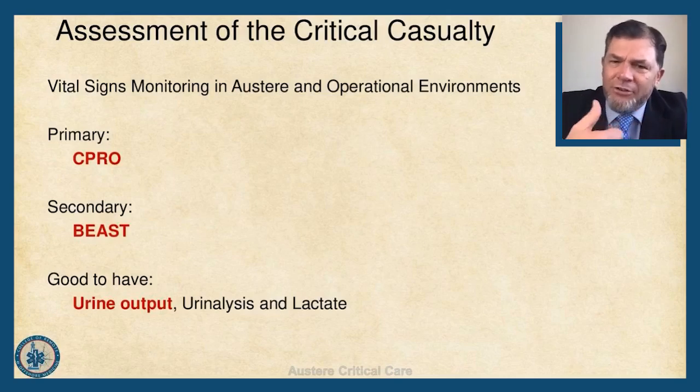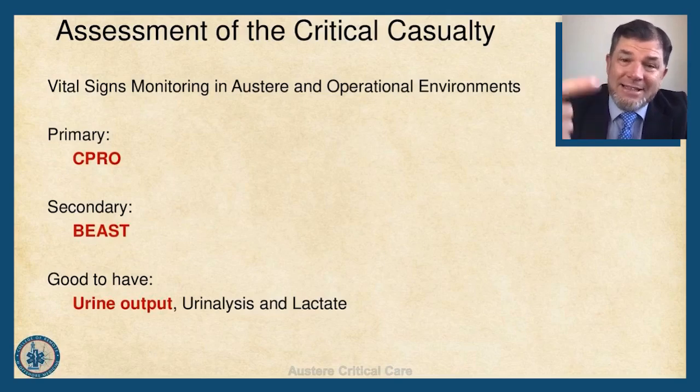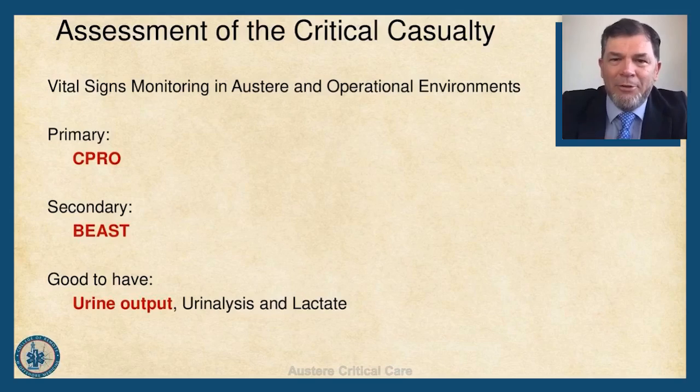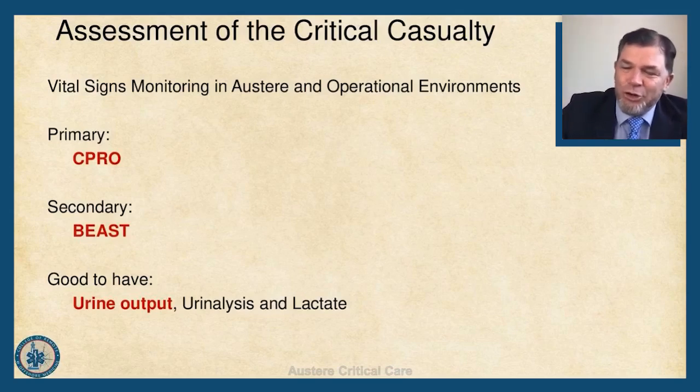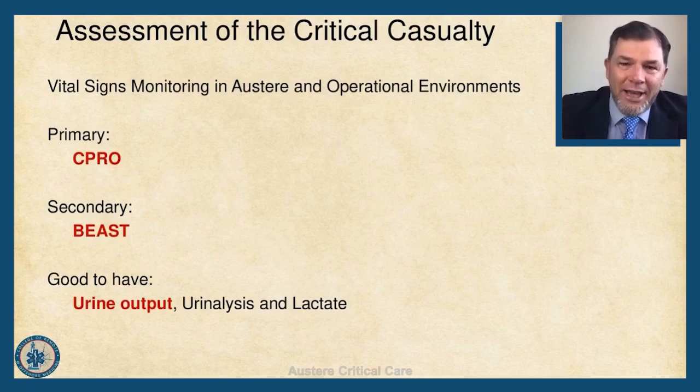Your secondary vital sign is BEAST. So blood pressure, ECG, alert status, sugar. I know BM is probably the more medical thing, but I couldn't make BM work in the mnemonic, so we said sugar. So S is sugar in the secondary vital sign, and then temperature.